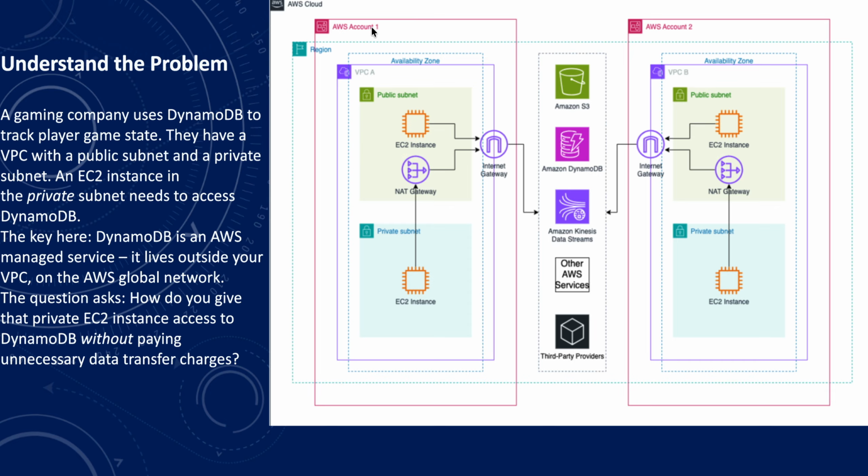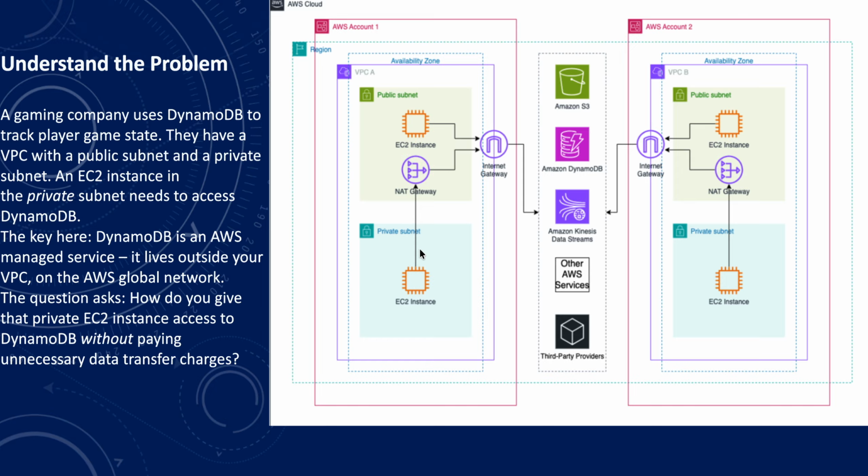So usually we have this AWS account 1 and AWS account 2, and we have VPC A and VPC B. If we check here, under the VPC there is one availability zone, and under that availability zone we have a private subnet and a public subnet.